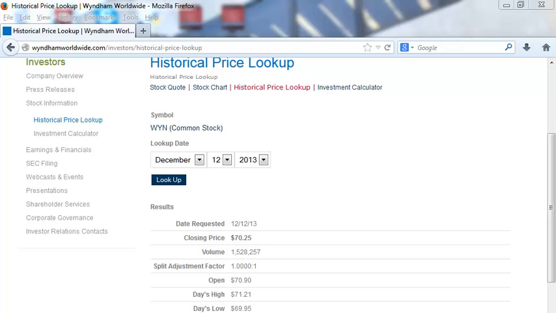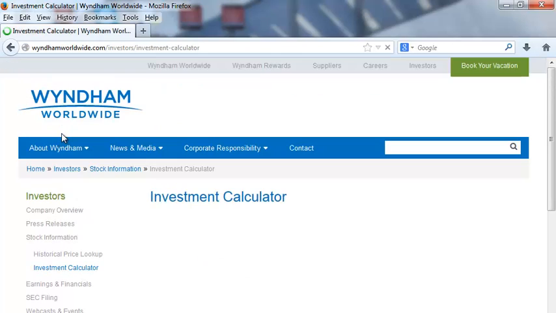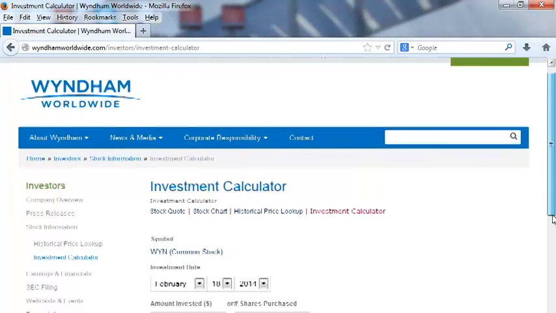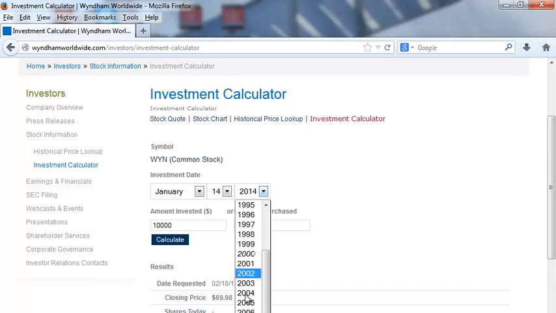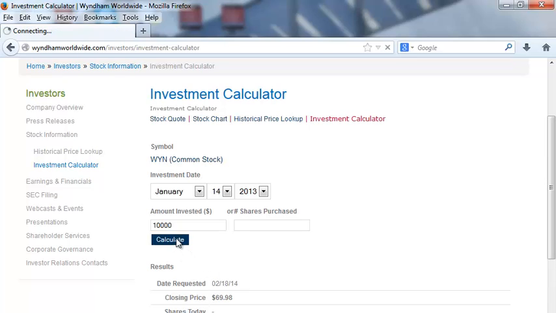You can even calculate the value of your investment in the company's stock by going to Investment Calculator. Let's say on January 14th, 2013, you invested $10,000 in Wyndham.